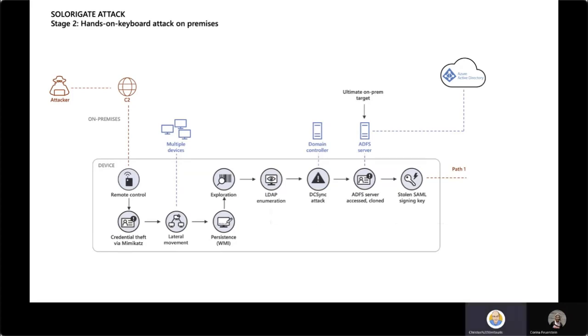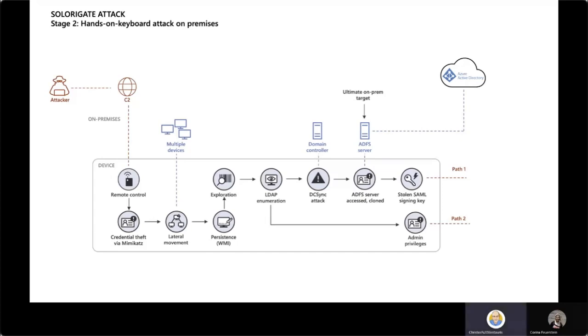For the second path of the attack, after gaining administrative Azure Active Directory privileges using compromised credentials, the attackers add their own certificate as a trusted entity in the domain, either by adding a new federation trust to an existing tenant or modifying the properties of an existing federation trust.